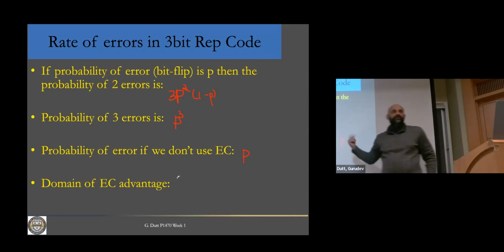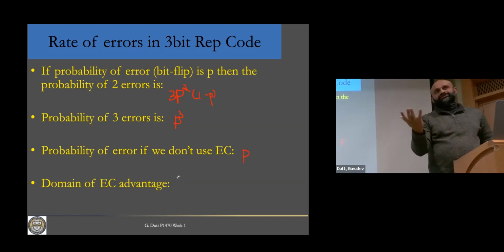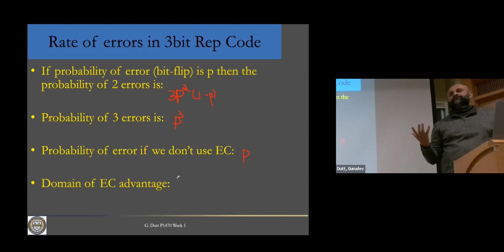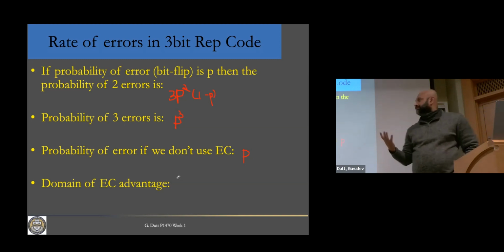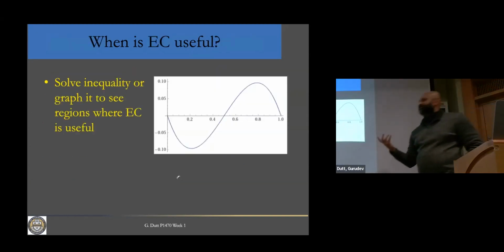Okay. And so you can use any software package you like, Mathematica is my favorite one for symbolic stuff, to simply solve the inequality, 3p squared times (1 minus p) plus p cubed less than p. You can just use Mathematica to solve it, or you can use Sage Math, which is a Python package which does symbolic mathematical computations, or you can just graph it, which is what I like to do.